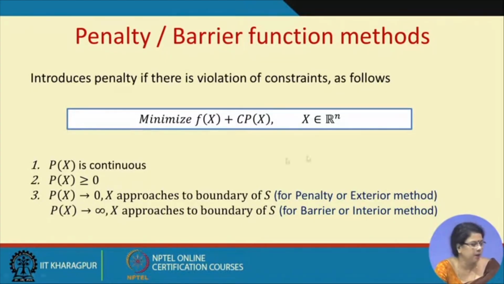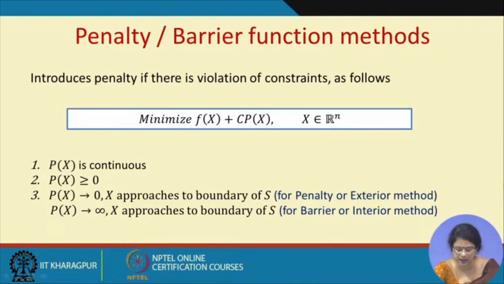If px tends to 0 as x approaches the boundary of the feasible region S, then this is the exterior penalty function method. On the other hand, if px approaches infinity as x approaches the boundary of S, then it is the barrier or interior method.